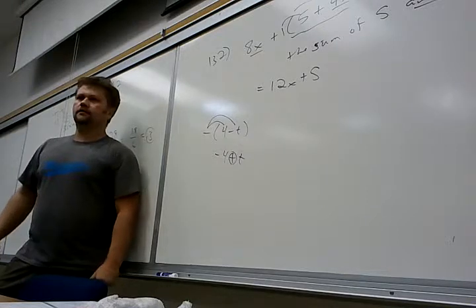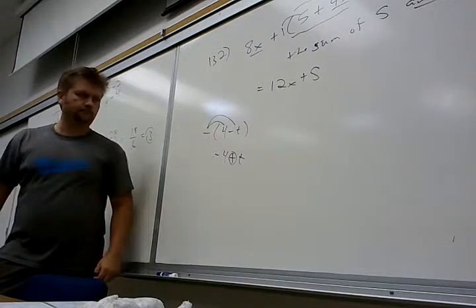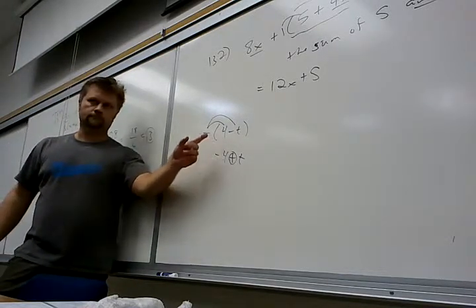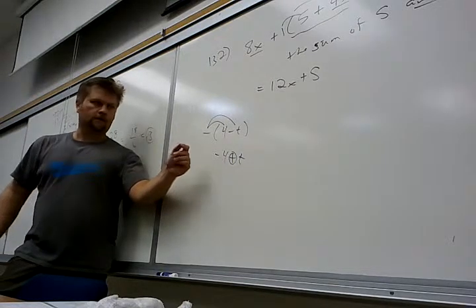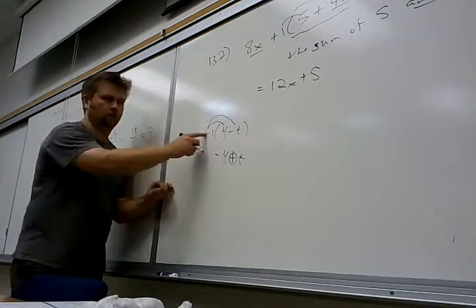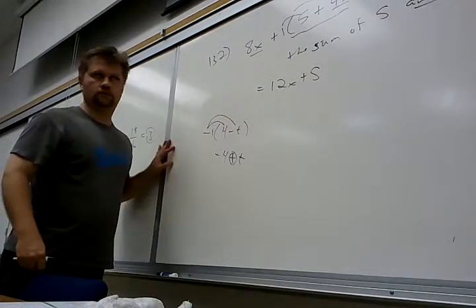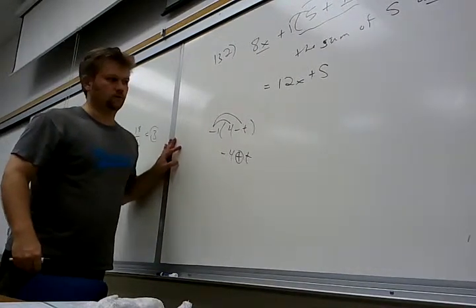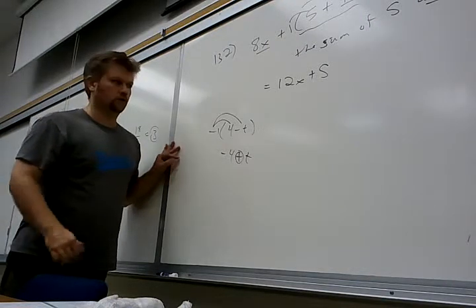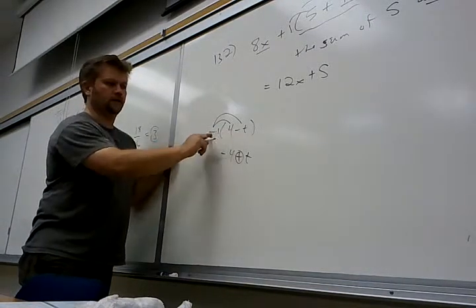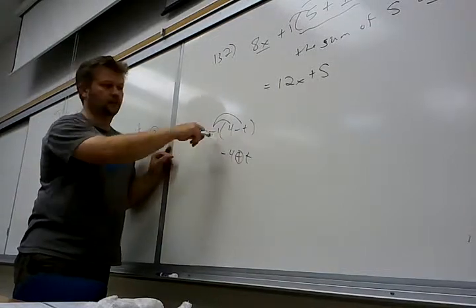Think about it as a negative 1 out there. You got to distribute that number through. Multiply it through. Negative times that, negative times that. Bring that negative through with you.